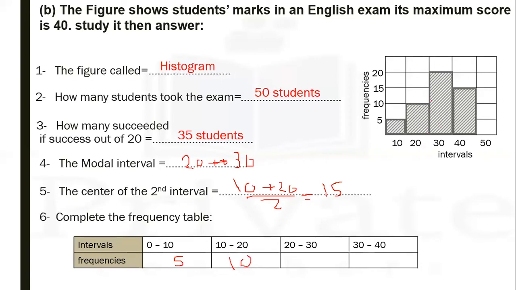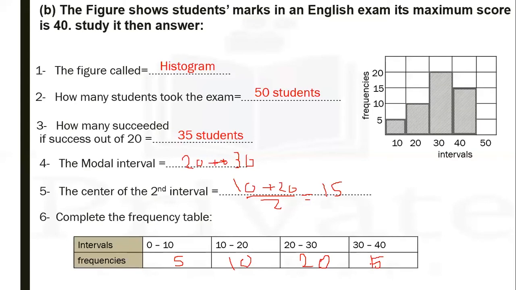From 20 to 30, 20 students. From 30 to 40, 15 students. Now I think it is clear how to change from the histogram to the frequency table.